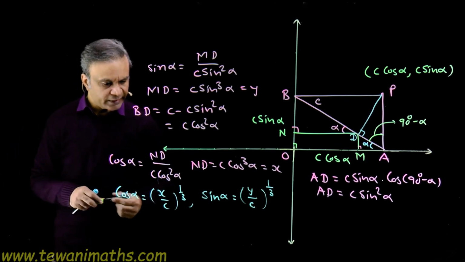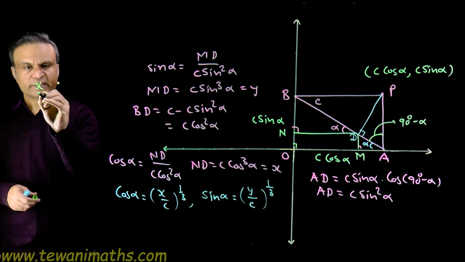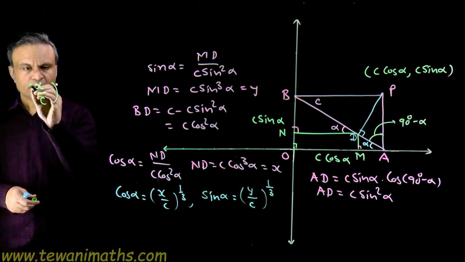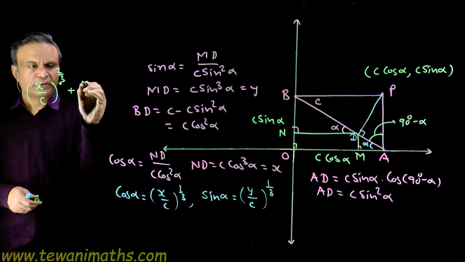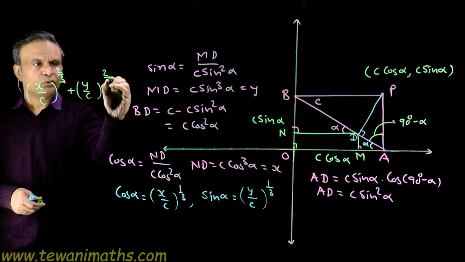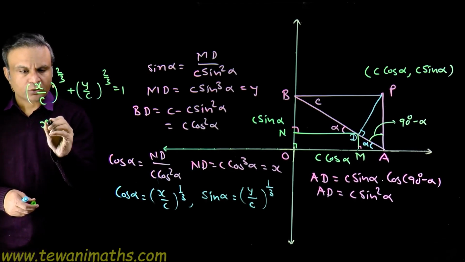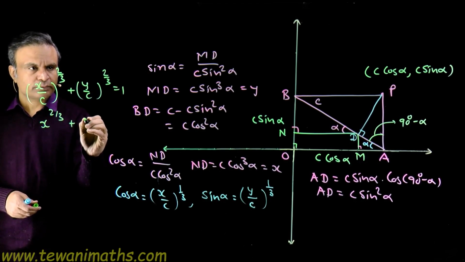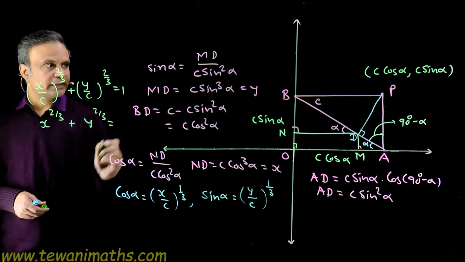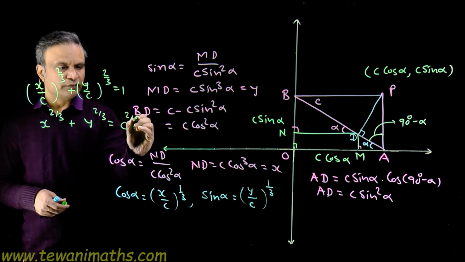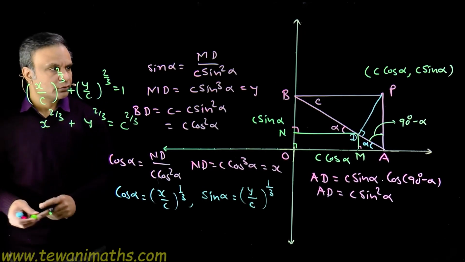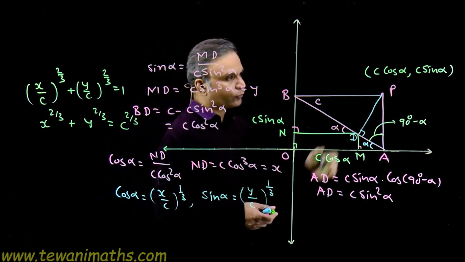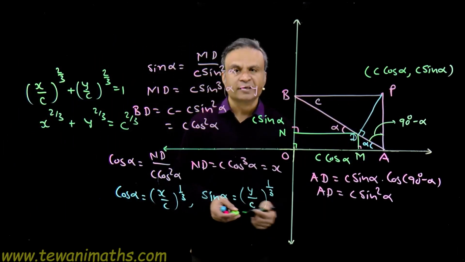So by squaring and adding we get the equation of locus as x upon C power 2 upon 3 squared plus y over C power 2 upon 3 squared equal to 1, or x power 2 upon 3 plus y power 2 upon 3 is equal to C power 2 upon 3. This is the equation of locus of the foot of perpendicular from point P upon line segment AB.